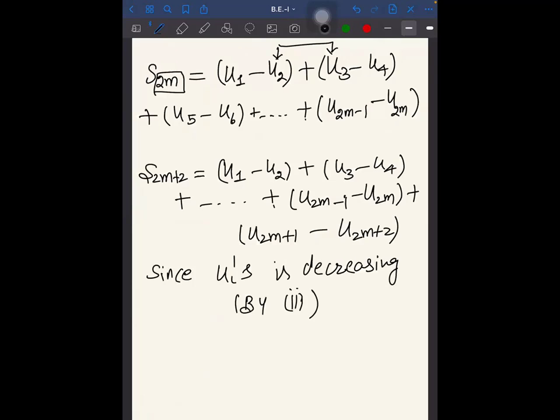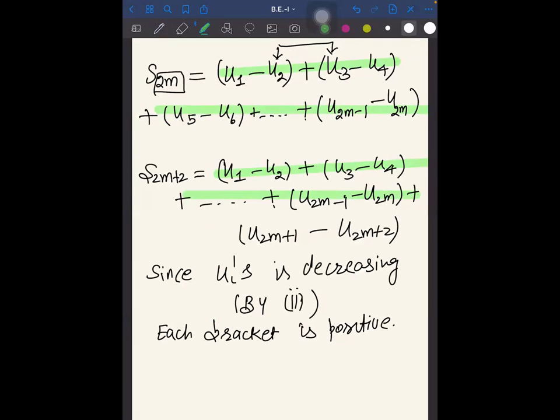So if it is decreasing, each bracket is positive. U1 is greater than U2, so each bracket is positive, right? Yes, sir.